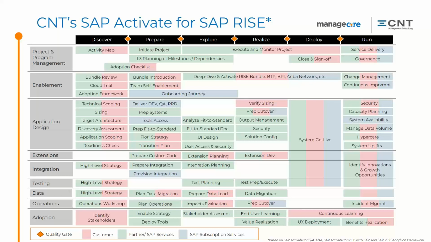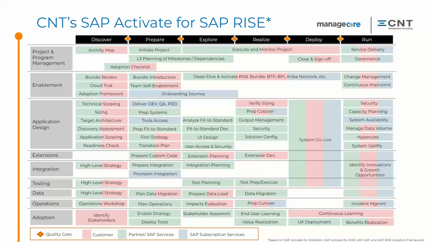On the next slide, this is the activity map from SAP for SAP RISE. We slightly adjusted it. So on the top, we have discover, prepare, explore, realize, deploy, and run, which are the phases of SAP Activate. And then on the left-hand side, we have the different stages and areas of the project.